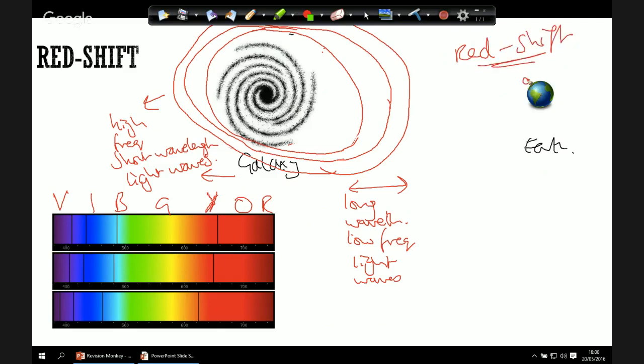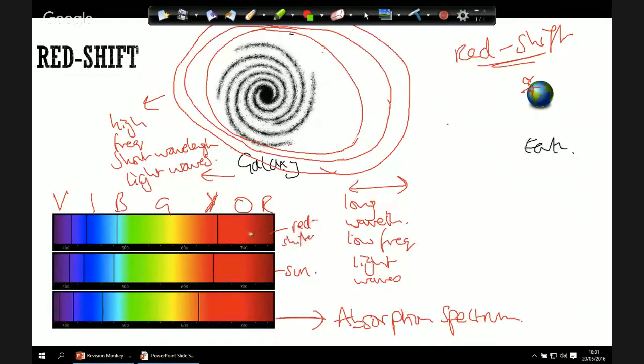So if you're someone on Earth detecting the light coming from that galaxy, you will see that it's shifted into the red end of the spectrum. And you will see that from these absorption spectra diagrams. So this is an example of an absorption spectrum. And you will see, if this, for example, was the light coming from our sun, the light coming from a distant galaxy, because it's moving away, would be red shifted.